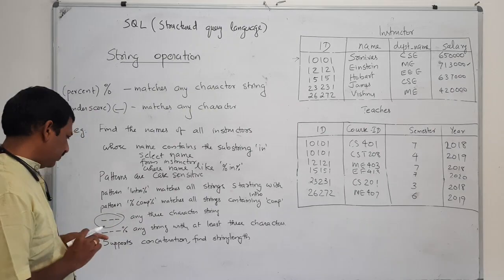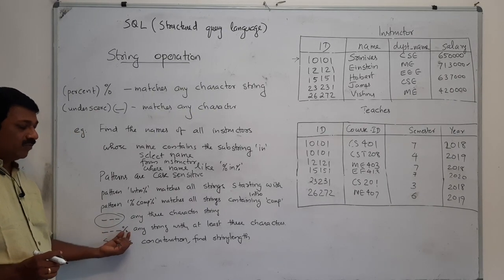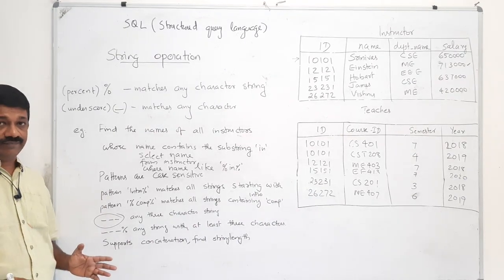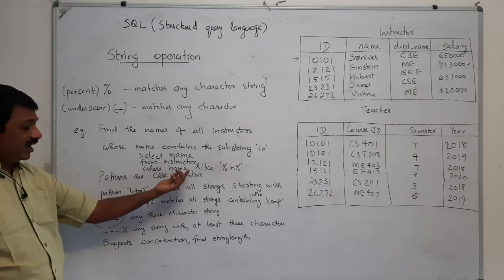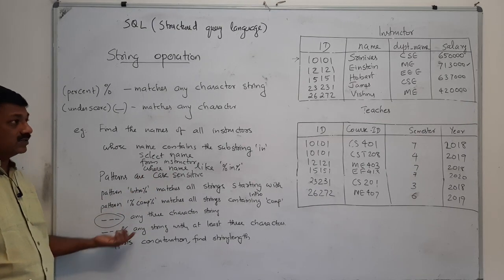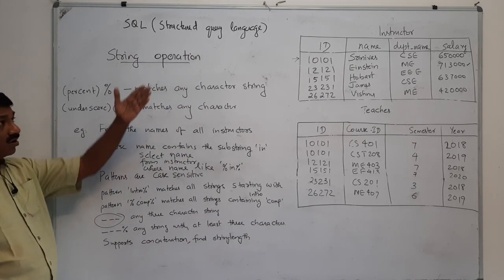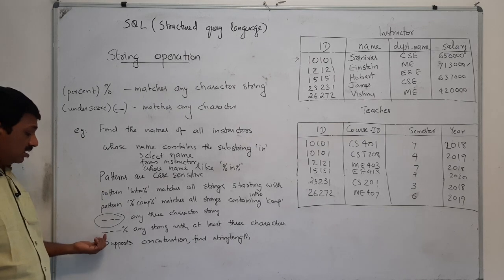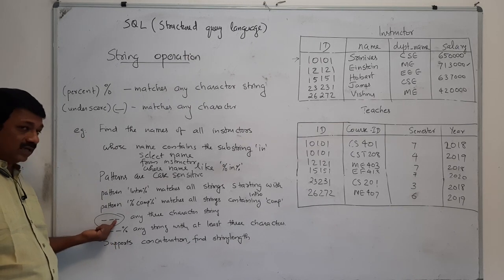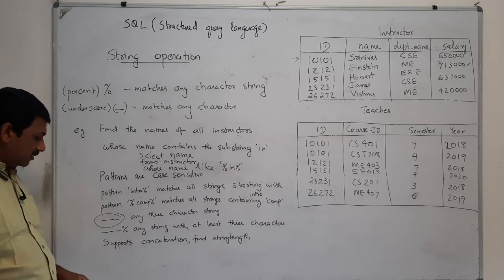But three underscores followed by a percentage means at least three characters should be there, so all the names are displayed. Why? All of the names have three or more characters. That means this is exactly three characters, and this is three characters plus, that means at least three characters.